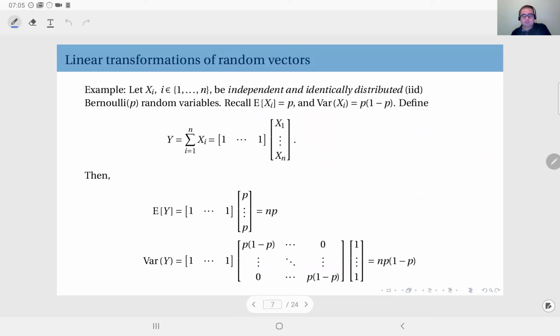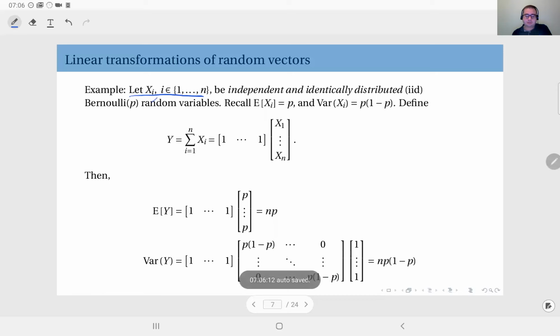At this point, I would like to point out an earlier result to you. This is not a new result, but the observation is going to be informative. Let's define n independent and identically distributed Bernoulli random variables, x sub i.